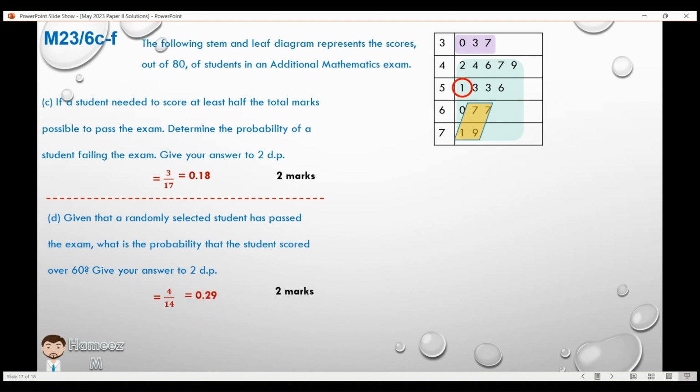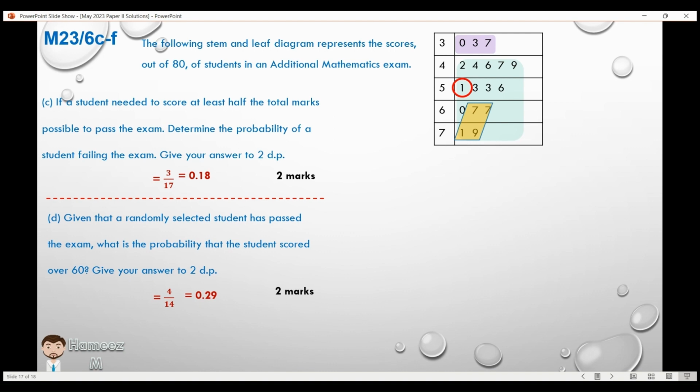This can also be done a little differently because of the first word being a key indicator, that word being given. Since it's given, we can also solve this question using conditional probability, which we have done in previous past papers.